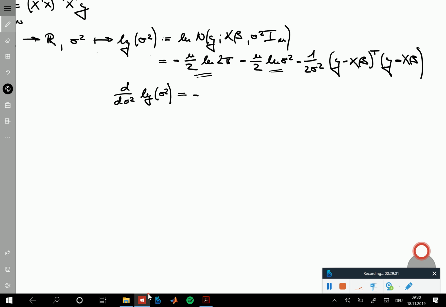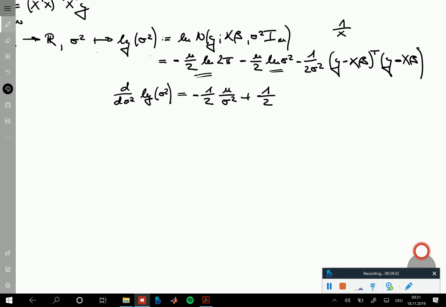What's the derivative of log x? Exactly. So we get here n divided by sigma square, and here, sorry, not the same thing, because here we have 1 over x.